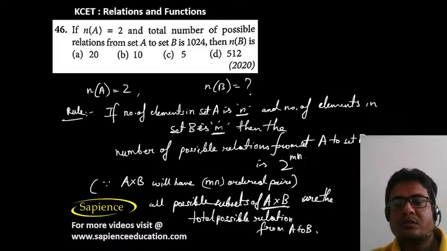So the set of all possible subsets means that we can have the subsets of A cross B. We can have the null set, and we can choose any one of the ordered pairs from mn, so mnC1, or any two, mnC2, or any three ordered pairs. The null set means we are not choosing any ordered pair, so it is mnC0.